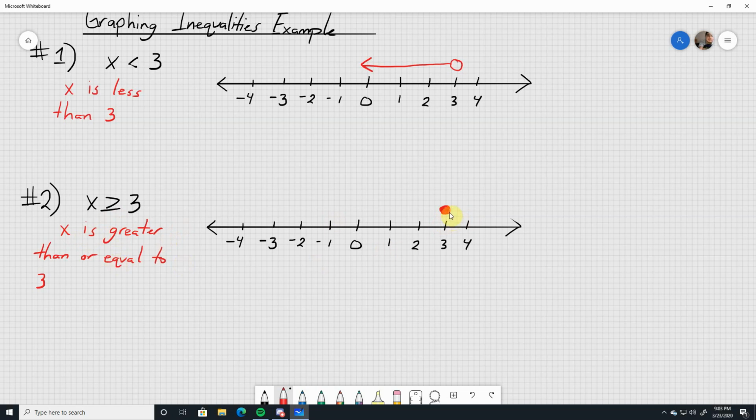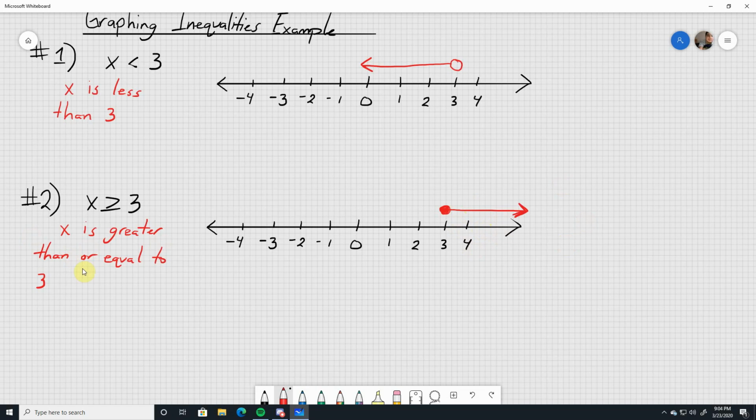So it has to be the numbers to the right, because those are numbers that are bigger. So I'm going to go over here and make my arrow, my answer. It could be 4, it could be 5, it could be 6, as long as it's greater than 3.